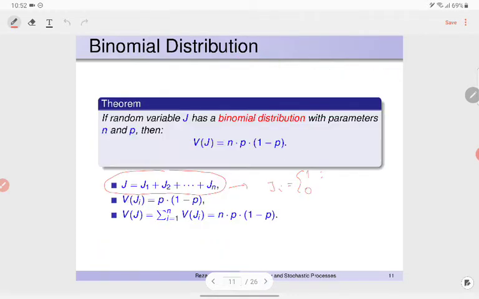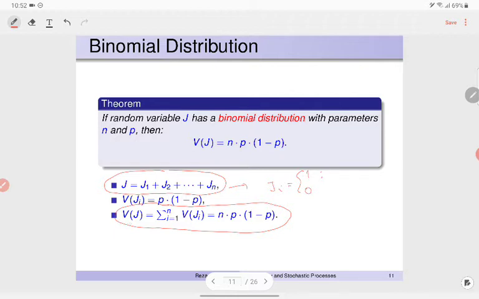So the variance of Ji is equal to p multiplied by 1 minus p, and for the variance of J we just have to sum them up. This can only be done if these indicator random variables are at least pairwise independent of each other, which they are, because one tossing of a coin does not influence another tossing.